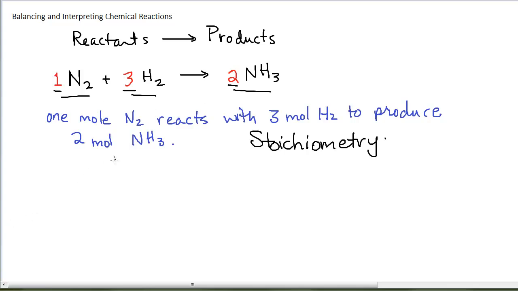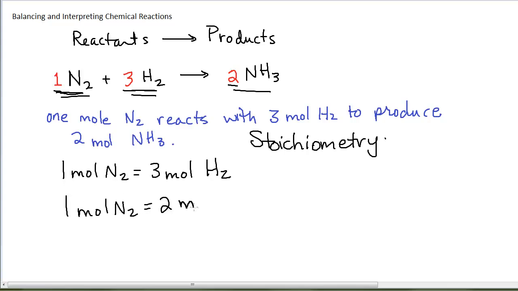From this stoichiometry, I have some equivalences. In this reaction, 1 mole of nitrogen equals 3 moles of hydrogen for this reaction to take place. I can write a couple of other equivalences. Let me put them all down. These equivalences work for this particular reaction.